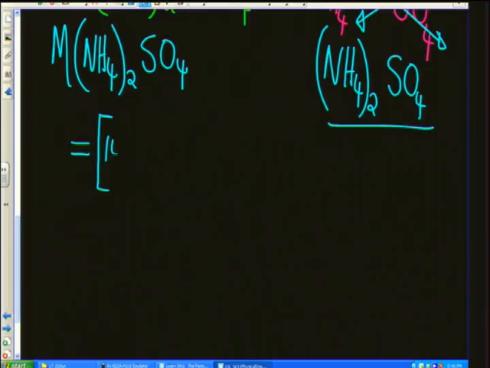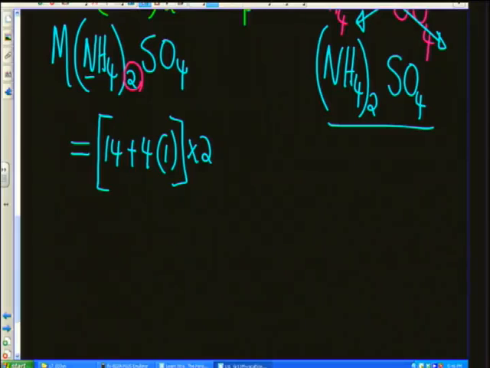I've got 14 for nitrogen, 4 for hydrogen, which is 1. But for all of them, I've got to multiply by this 2 here. You have to multiply by that because this 2 influences everything inside the brackets.